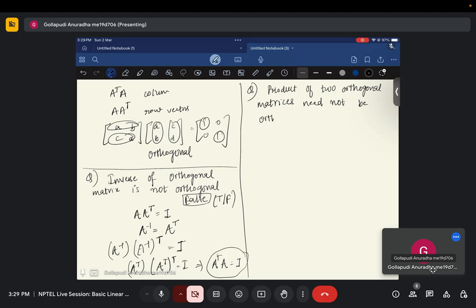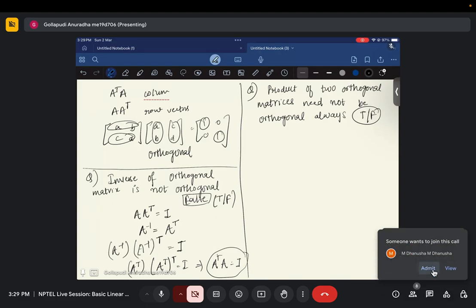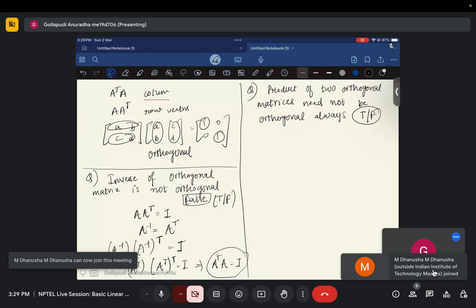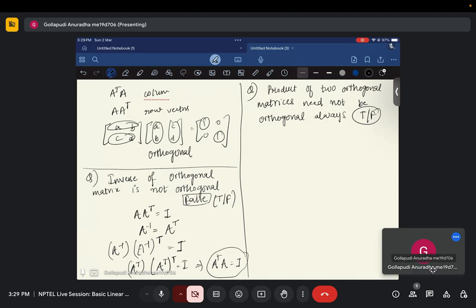Is this true or false? If two matrices are orthogonal, will the product be orthogonal or not?